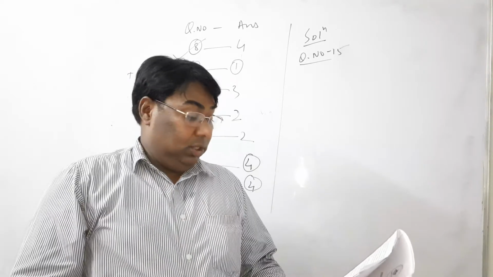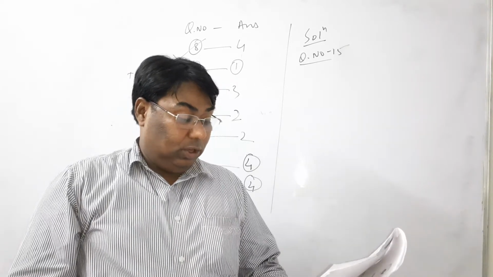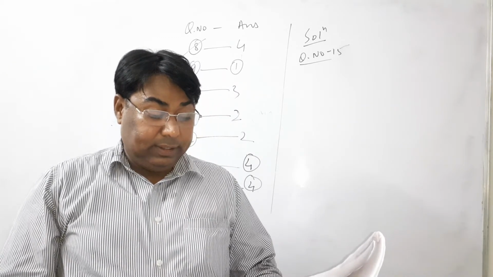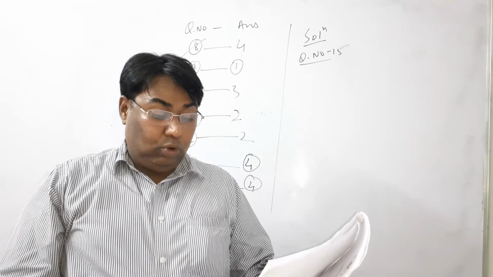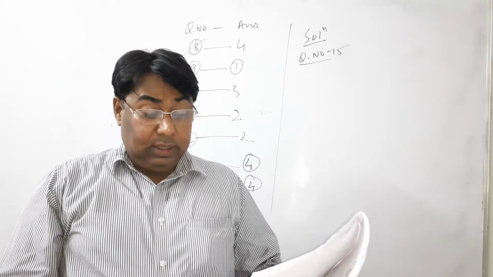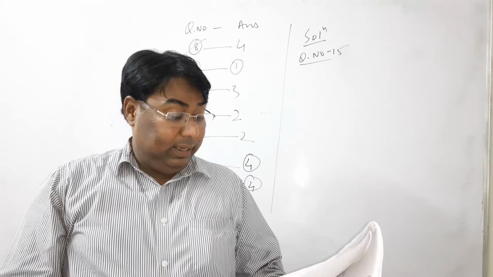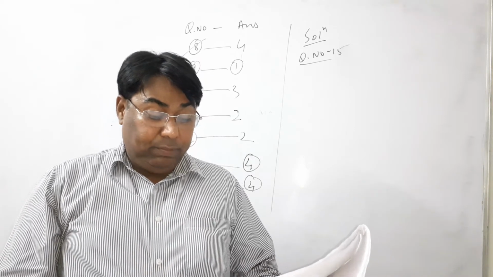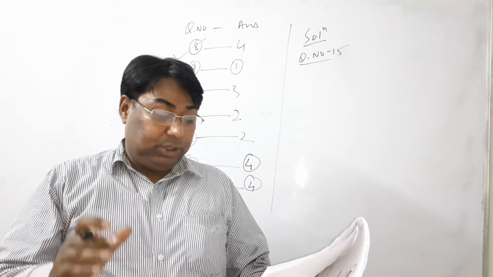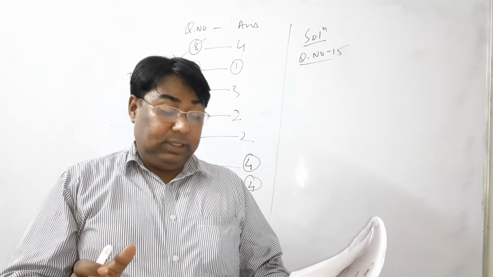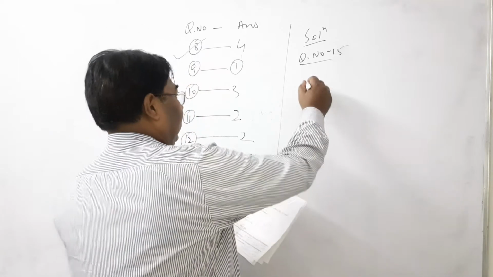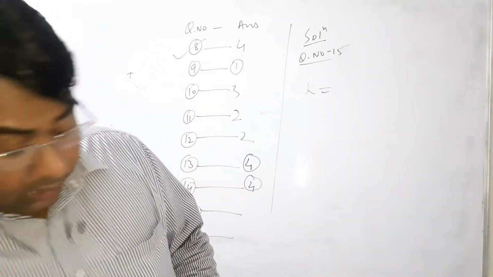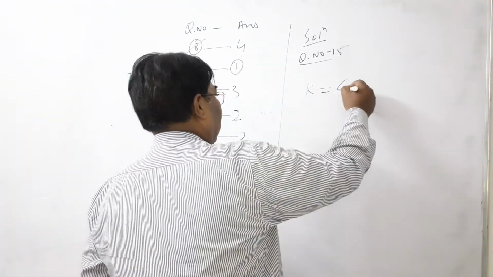Understand? Question number 15 is: the specific conductance of a 0.1 N KCl solution at 23 degrees C is 0.012 ohm inverse centimeter inverse. The resistance of the cell containing the solution at the same temperature was found to be 55 ohm. The cell constant will be. In this question, conductivity and resistance are given. So you apply the formula K is equal to G into G star.